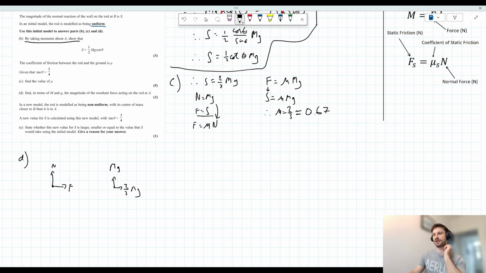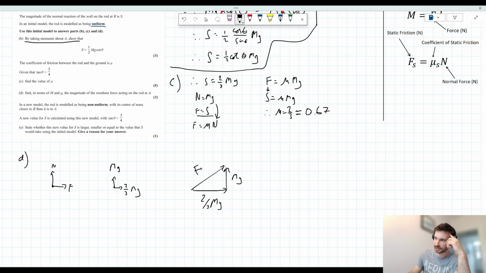Okay, amazing. So we're being asked to find the resultant force here acting at A. The resultant force here is essentially like adding these two forces together. We've got mg acting up, we've got 2/3 of mg acting to the right. One way we could understand that is it looks like this, where we've got 2/3 mg acting horizontally, mg acting vertically.